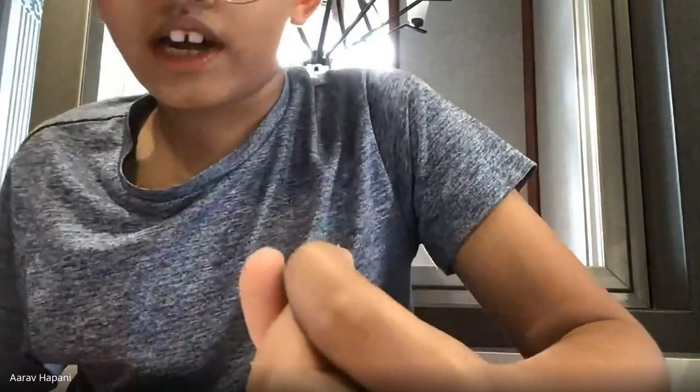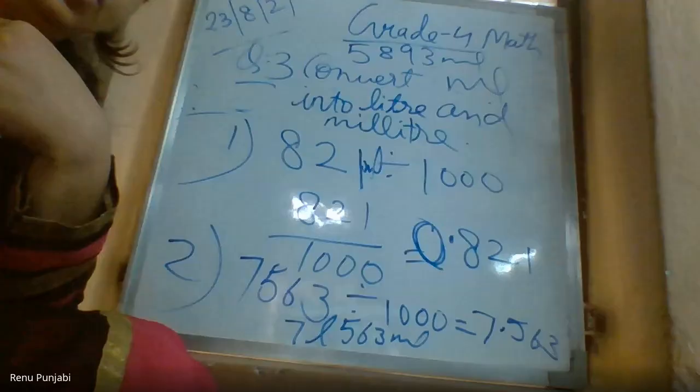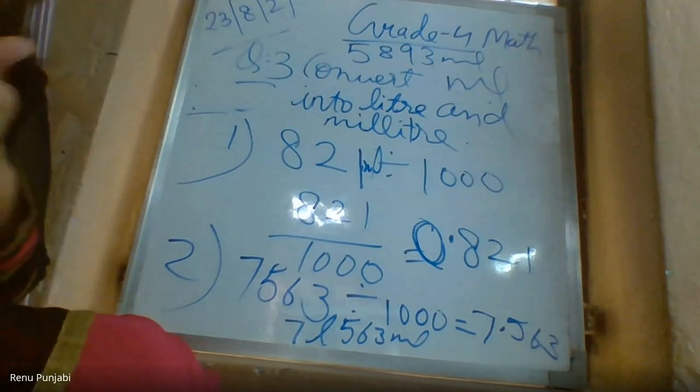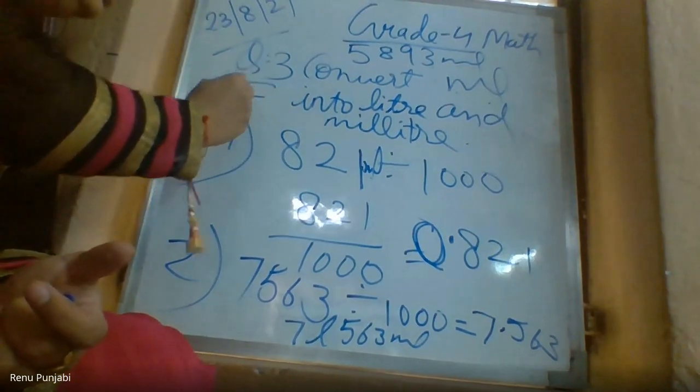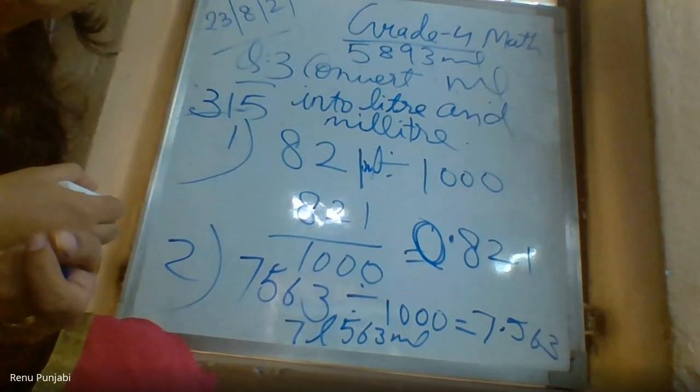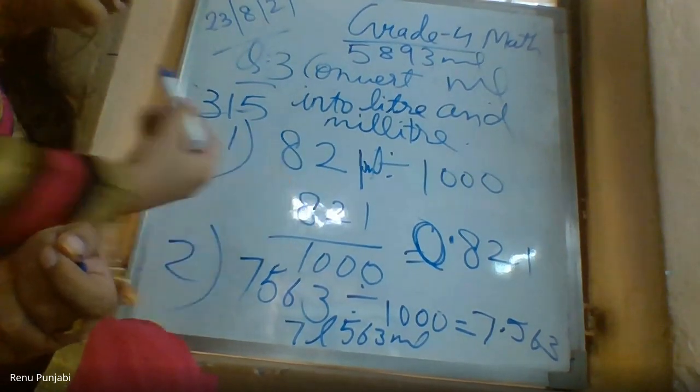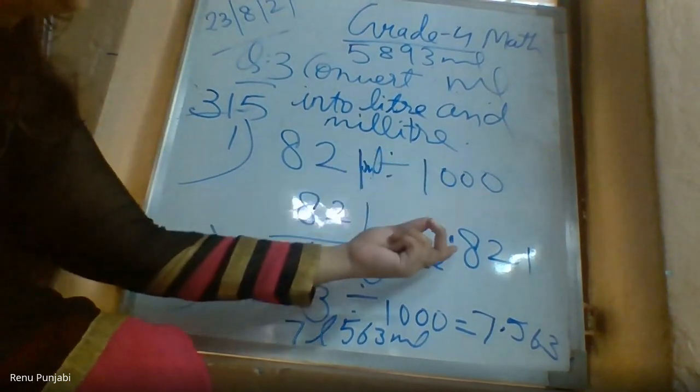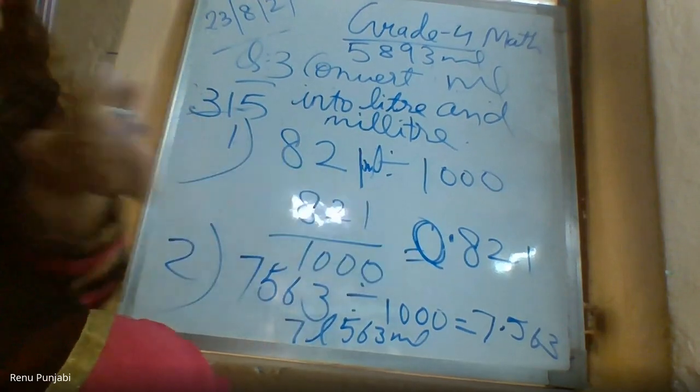Ma'am, 315 milliliter and liter is 3 liter and 15 milliliter. No, no. 315 is only a 3-digit number. It is same like this situation which we have done. So when you put a decimal here, it will be 0 liters. Zero liter and 315 milliliter.